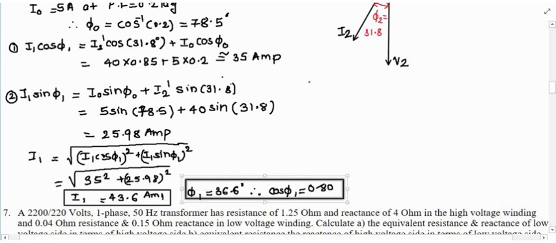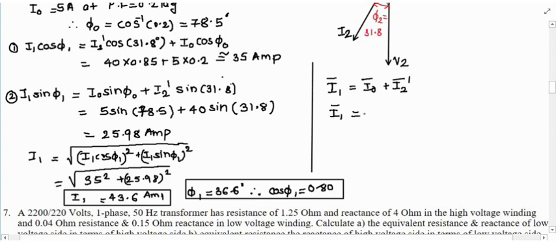This problem we can solve in another way also. Now we have seen, student, what is the primary current? Primary current is nothing but vector sum of my I0 and I2 dash, right? So what is my I1? I1 equals to, what is I0? I0 is nothing but equals to 5 ampere at a power factor of 0.2.